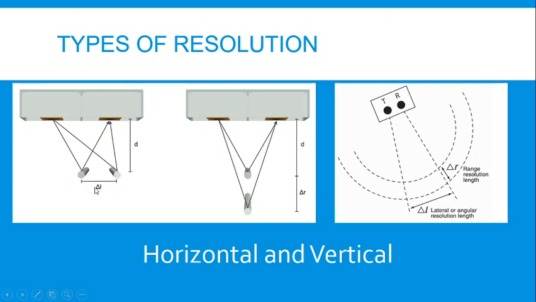So basically, the resolution delta L and delta R. Delta L represents the lateral resolution, while in the other case the targets are at the same position on the x-axis, and at different depths. There are cases when some utilities go at the same position, same lat long, but at different depths.